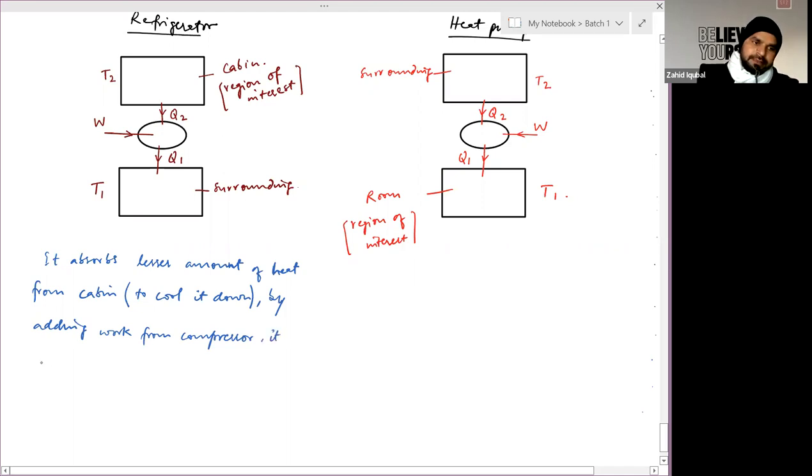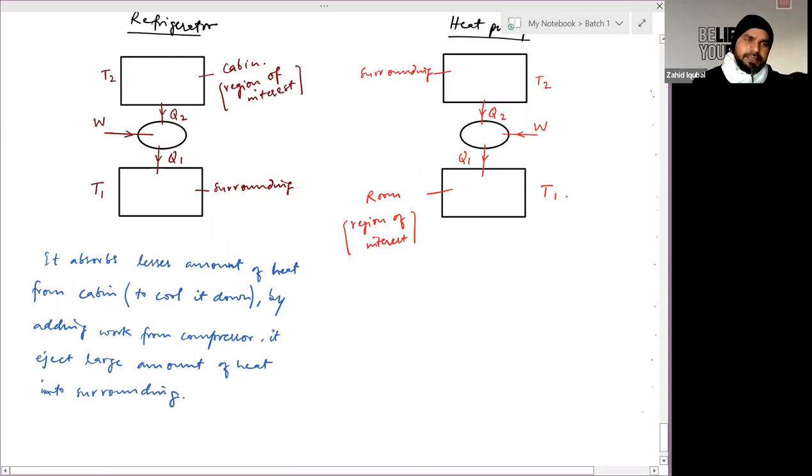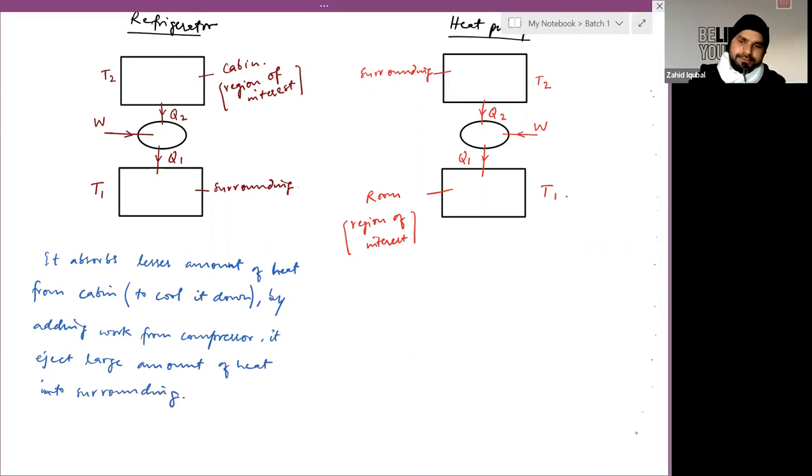It ejects a large amount of heat into the surrounding, that is at higher temperature.